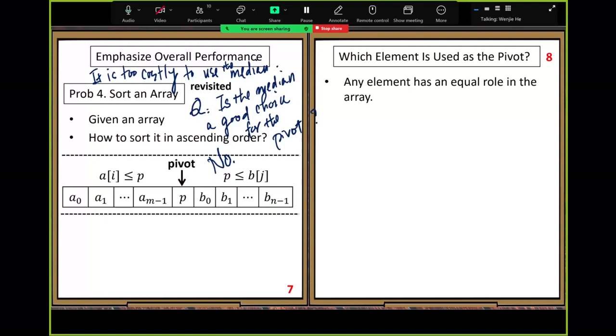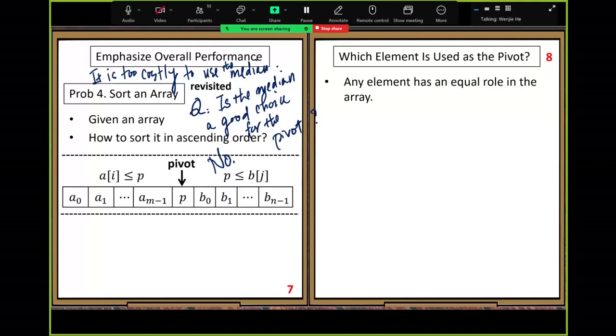Based on the probability, the result is equally good in the probability sense. So based on this understanding, we just randomly select any element and use it as the pivot. So we finished this step.